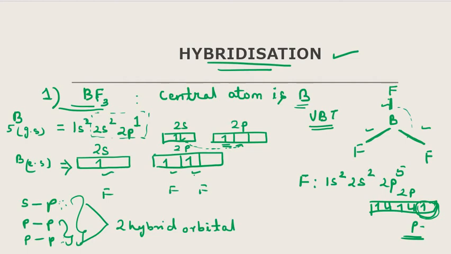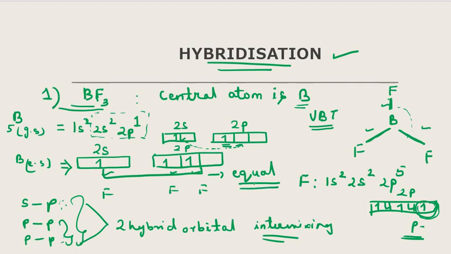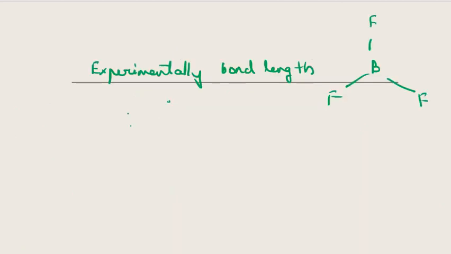What is hybridization? It is the intermixing of atomic orbitals. So what is actually happening there? The orbitals are intermixing with each other, resulting in the formation of equal, or we can say equivalent, hybrid orbitals. So in the case of BF3, what equivalent orbitals are formed? We are getting sp2 hybrid orbitals.